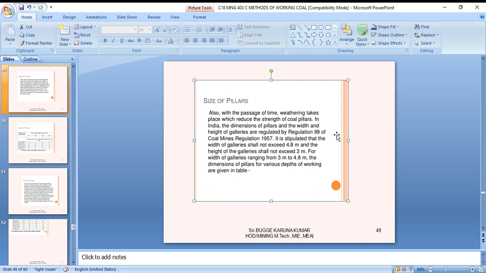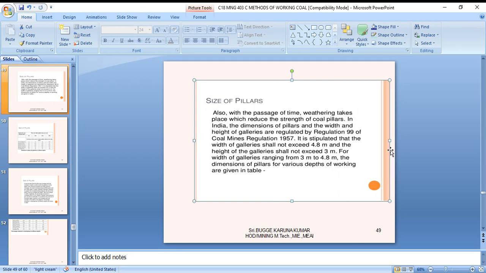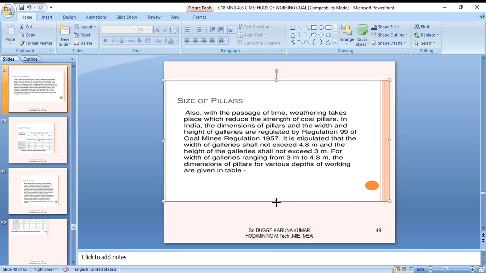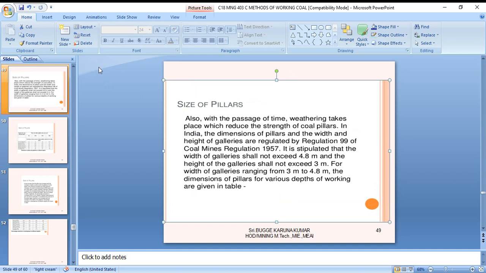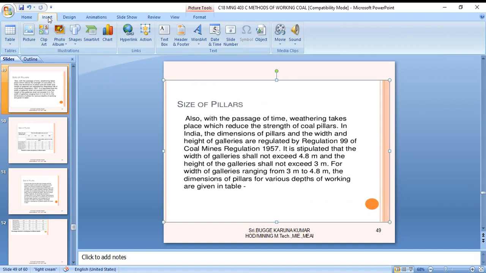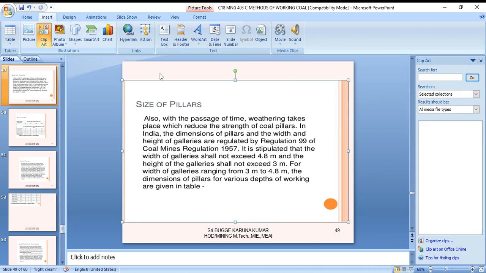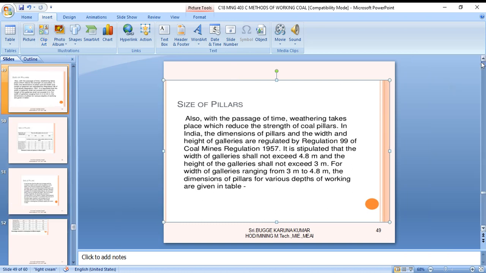Also, with the passage of time, weathering takes place, which reduces the strength of the coal pillar.